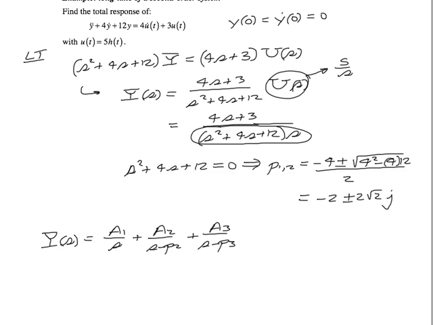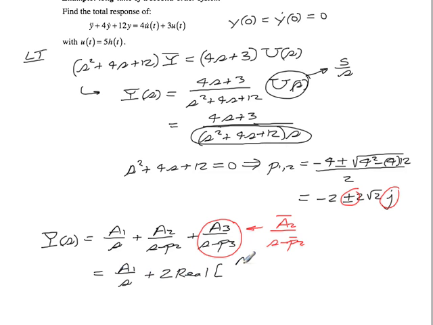However, since our roots are complex, they're appearing in complex conjugate pairs, we know that we don't have to reevaluate this one. We just take the complex conjugate of the one there for a3. So we get a1 over s, plus 2 times the real part of a2 divided by s minus p2.